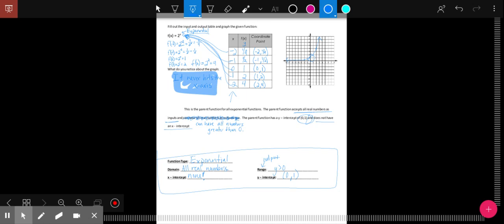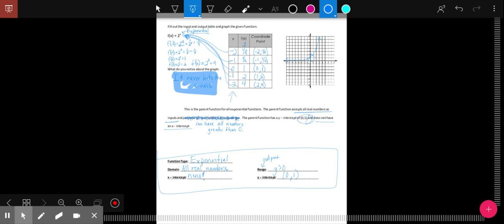Okay, and if we look at this, it says can have all real numbers as outputs too. This is actually wrong. I messed up on this. Okay, this is definitely a typo. Scribble that out. It should say can have all numbers greater than 0.